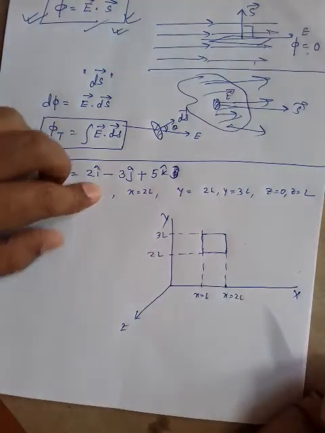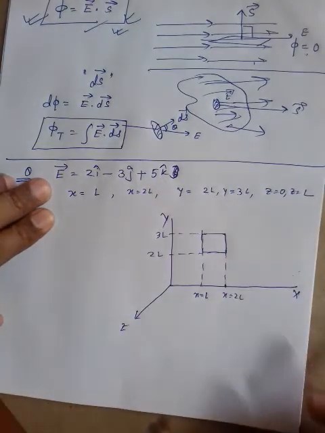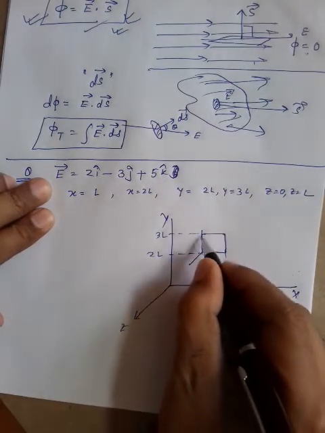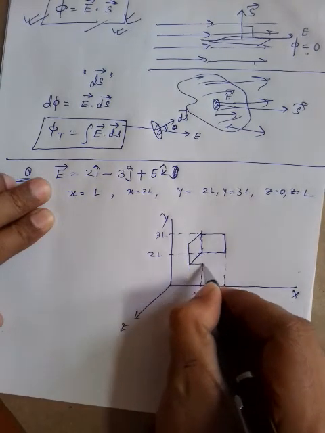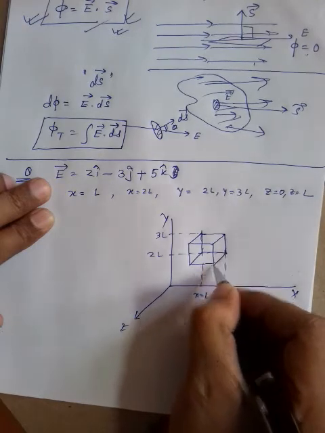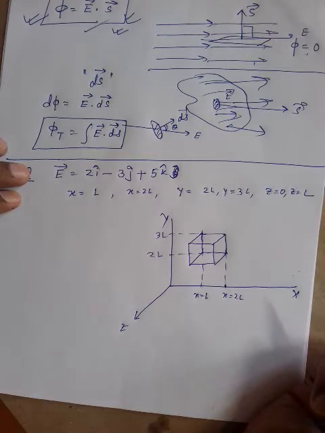Then z equal to 0, meaning the xy plane, is one surface, the other surface is z equal to L. The Z axis is on this side, so the length of the cube is L and the cube is placed like this. All the planes accordingly drawn. Clear? I hope no difficulty in that.